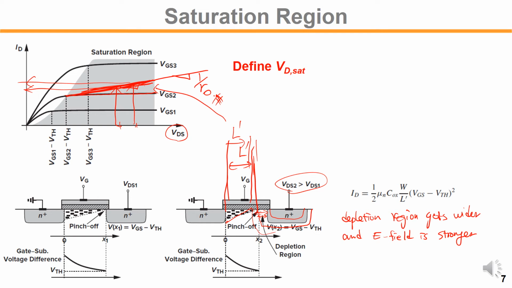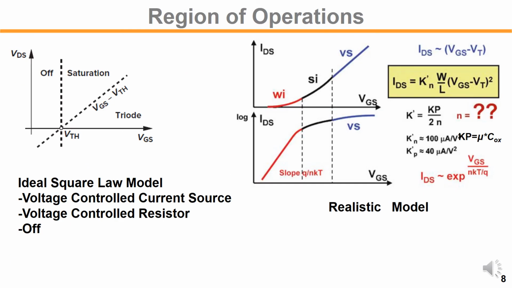In undergrad, of course, we modeled the device using the ideal square law model. It was a clear distinction between saturation region, triode region, and off state region.